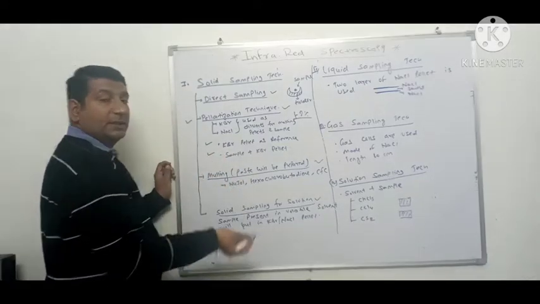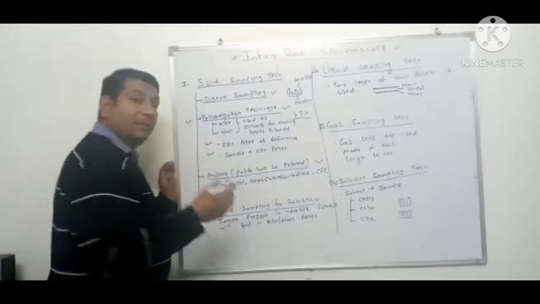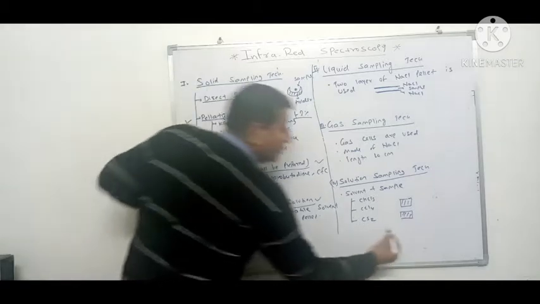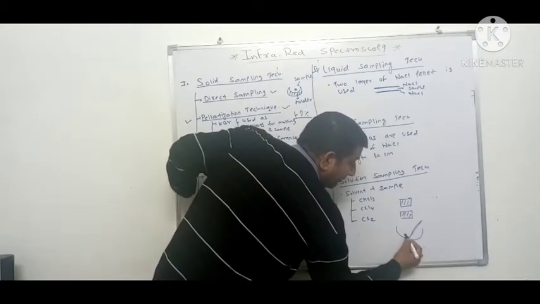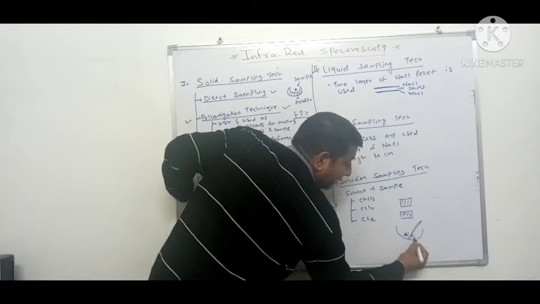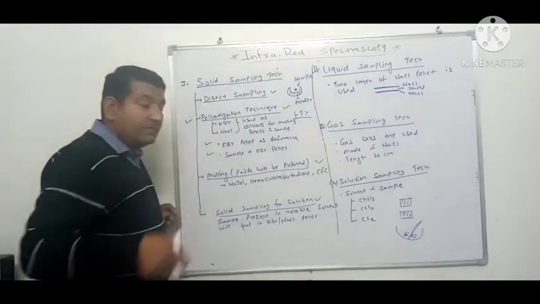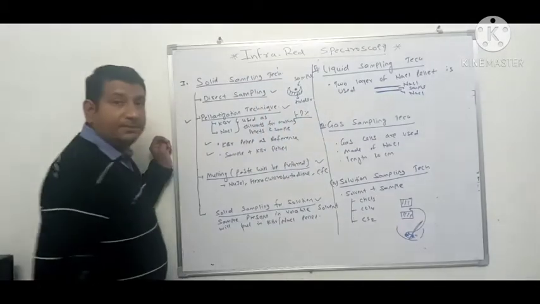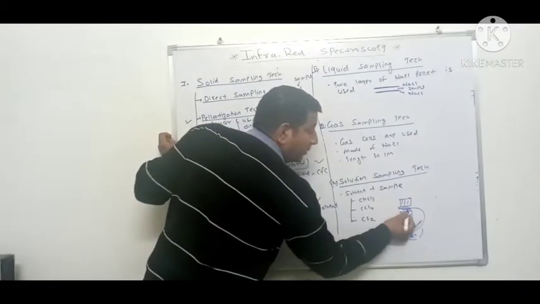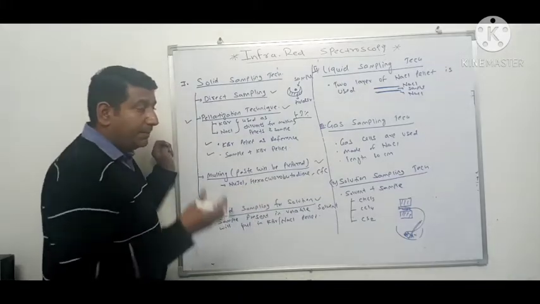Before inserting the powder plus KBr into the punch, we mix it in a pestle and mortar. In the mortar we add the KBr plus our drug and mix well, and this mixture is put into the punch.